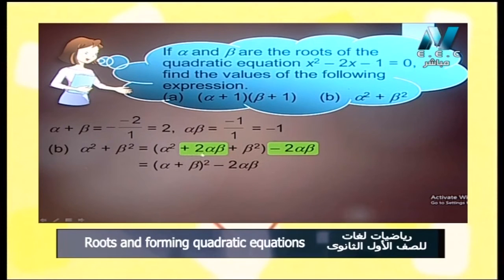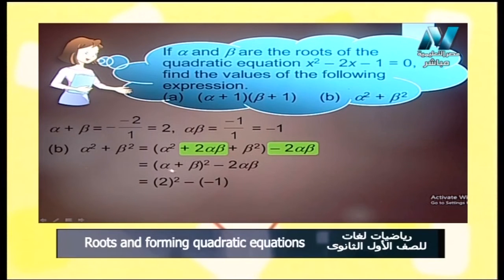Here alpha power 2 plus 2 alpha beta plus beta power 2 equals, of course, the bracket alpha plus beta all power 2, and we keep -2 alpha beta. Why did we do that? Because we have alpha plus beta, and we don't have alpha power 2 plus beta power 2; they are different.